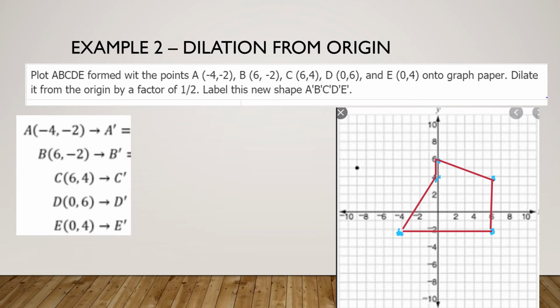So if we're talking about from the origin and we want to find our dilation, on this one we have our shape: A, B, C, D, and E. This time we are doing a factor of 1/2.